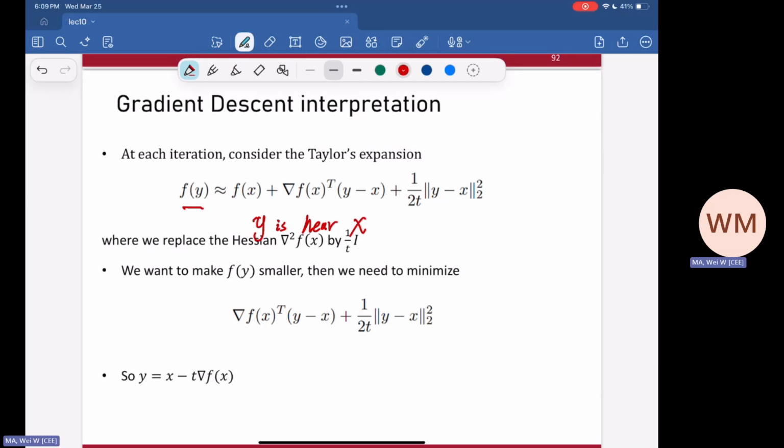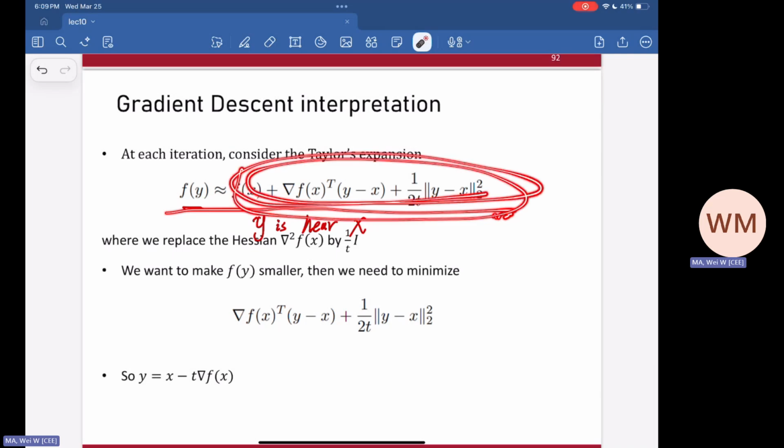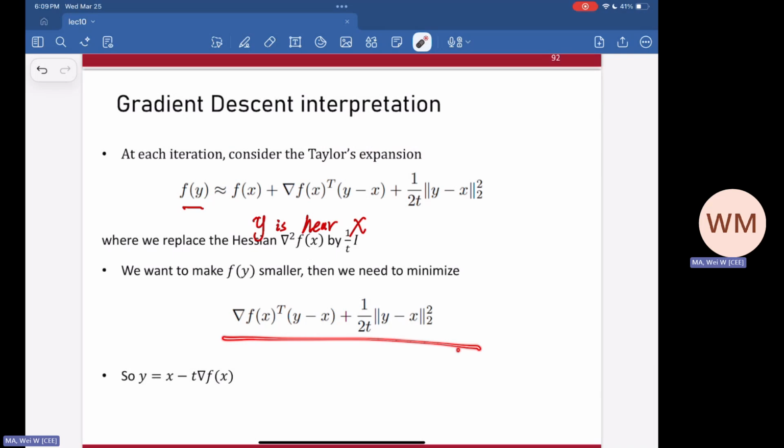So f(y) is f(x) plus the gradient of f at x times (y minus x), and this is a second order Taylor expansion. How do we find the smallest y? We take the derivative of this part and set it to 0, and then you get y equals x minus t times the derivative. This gives you the interpretation of why gradient descent always goes to a lower result.